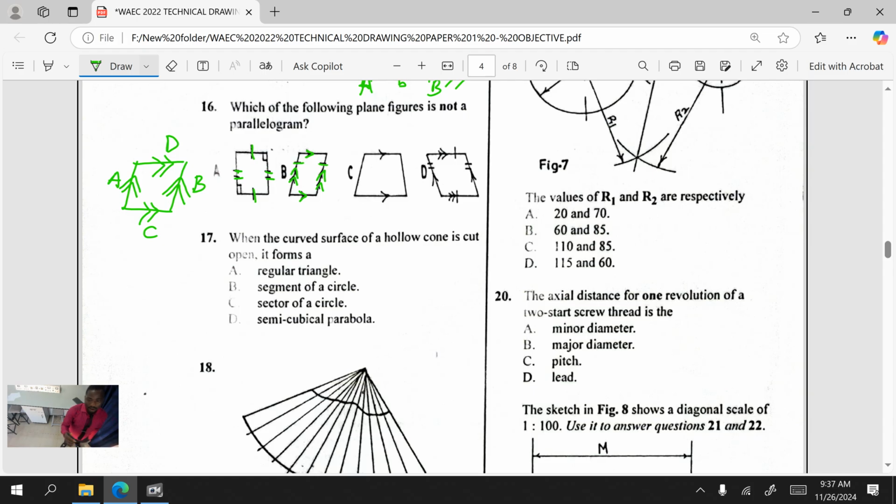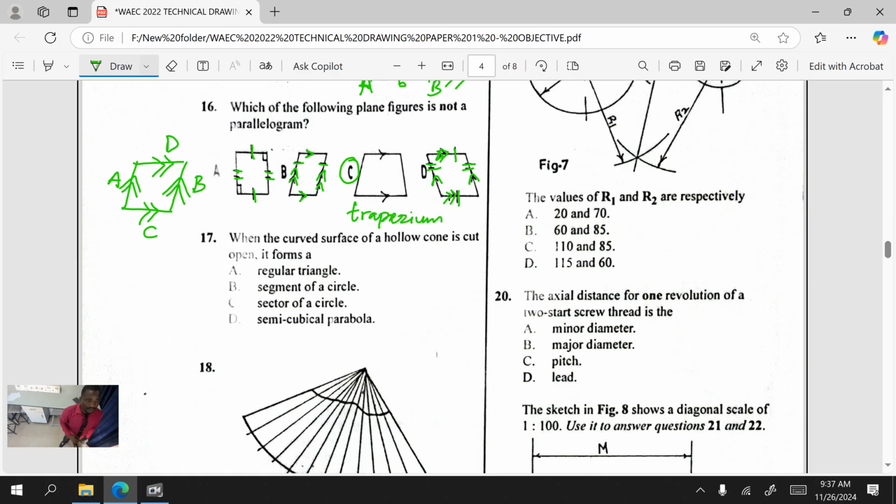That's what they are showing you. Also, if you look at D, this sign means this side is equal to this side, and this arrow shows they are parallel to each other. When you see the same arrows on the lines, it means they are parallel to each other. But if you look at C, C is not a parallelogram, it's a trapezium.